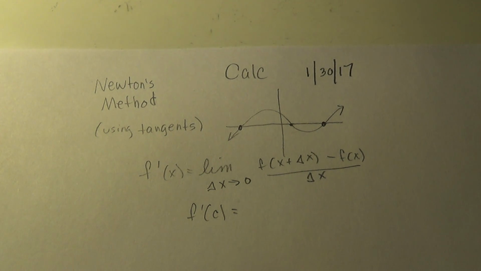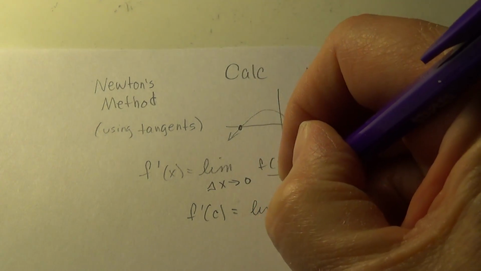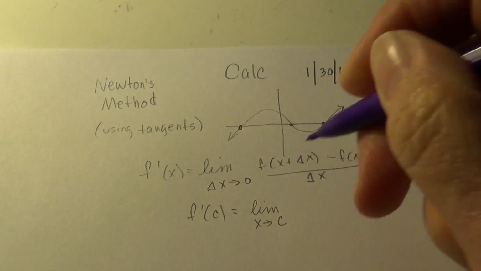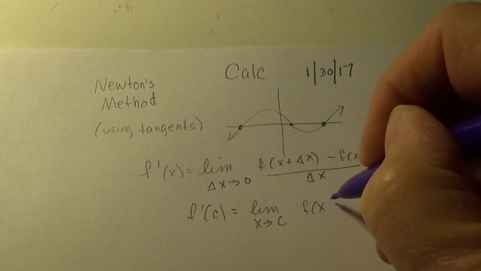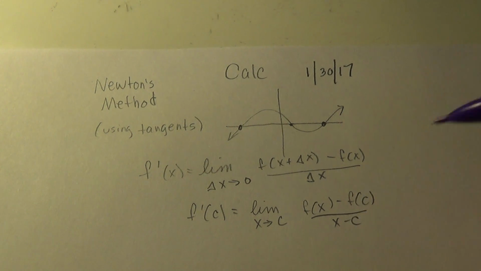F prime at c equals the limit as x approaches c of f of x minus f of c over x minus c.